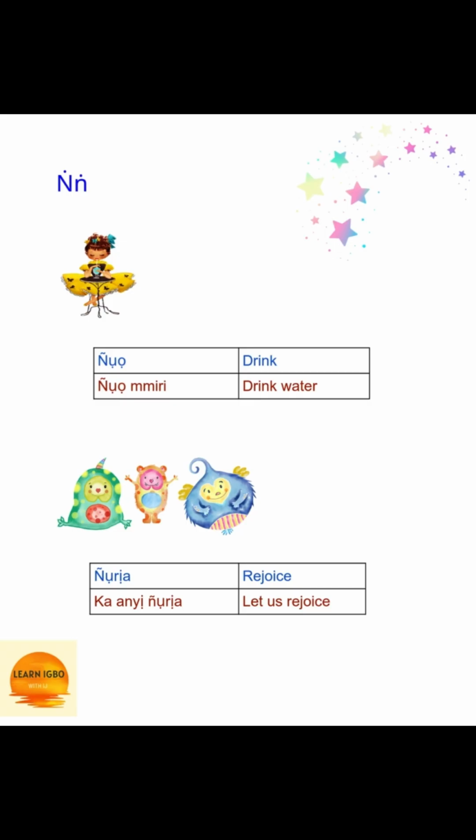Drink water. The second example. Ṅụrịa. Rejoice. Used in a phrase example. Ka anyị ṅụrịa. Let us rejoice.